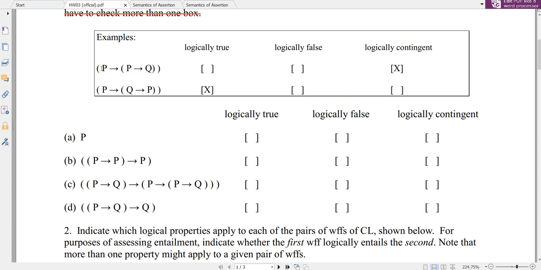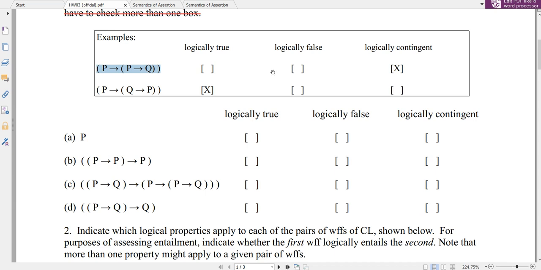Not so here. This one's just logically contingent. That means that there is at least one model where this thing is true, and at least another one where it's false. So you've got to look for 2 to see if it's contingent. It's not going to be logically false.